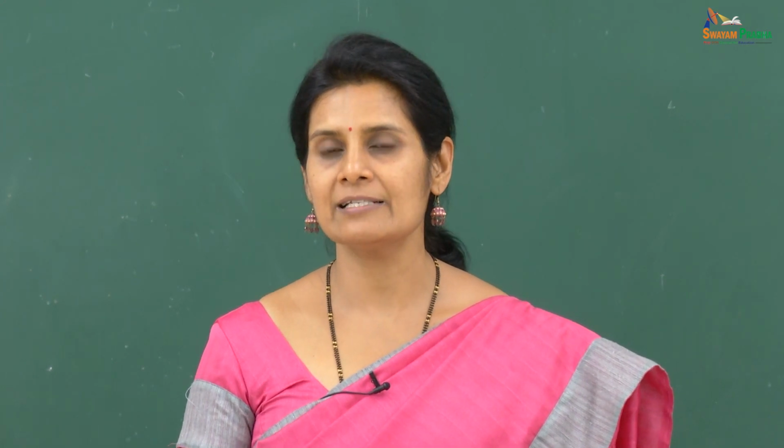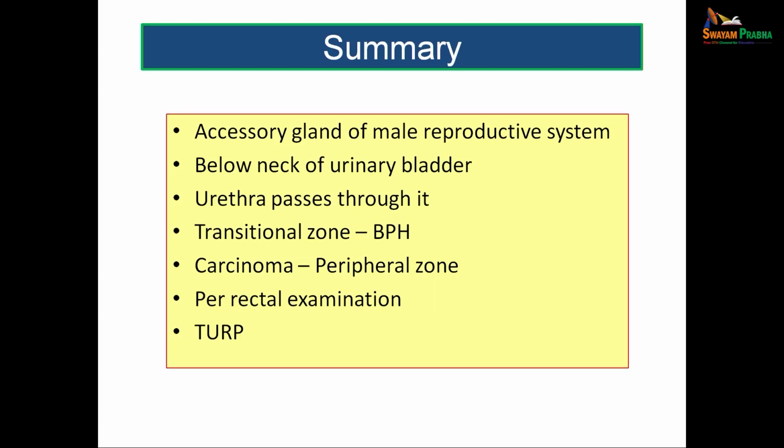To summarize, the prostate is an accessory gland of the male reproductive system. It is a fibromusculoglandular organ situated below the neck of the urinary bladder. The urethra passes through it, and that part of the urethra is called the prostatic urethra.